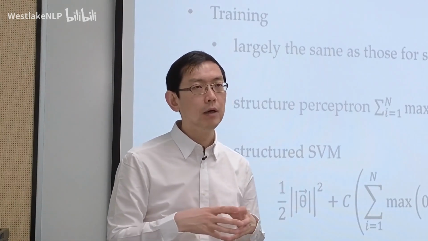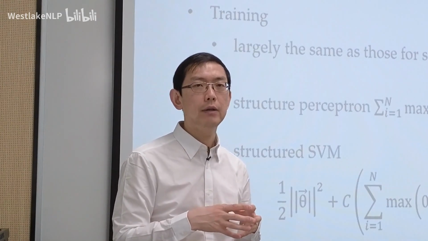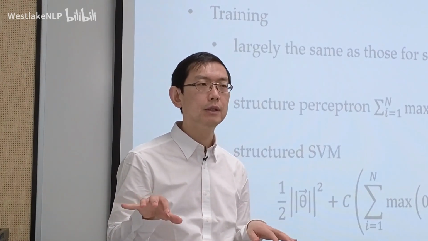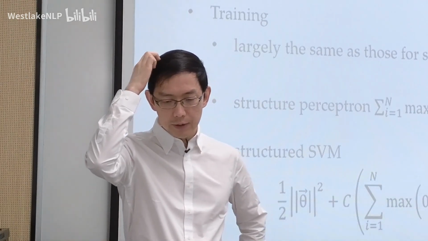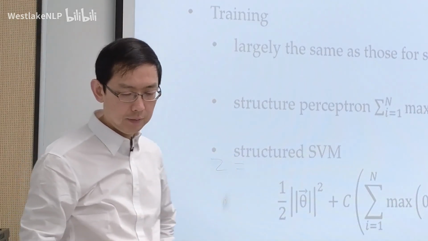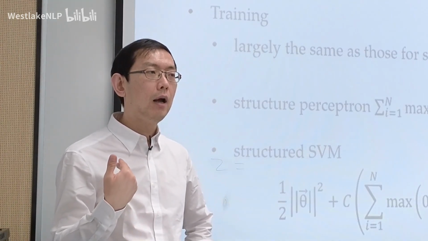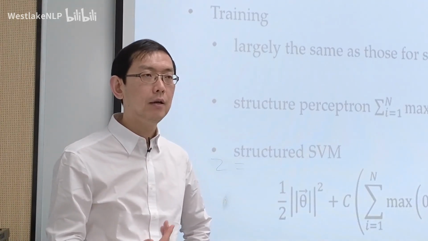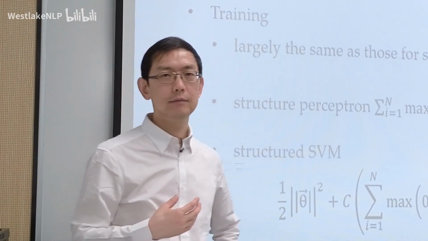For SVM, we require that the gold output sequence is scored higher than all non-gold output sequences by a margin of 1. Okay? As a result, you can see that the two training objectives are different. In addition, for SVM, you also have a regularization term in the beginning.